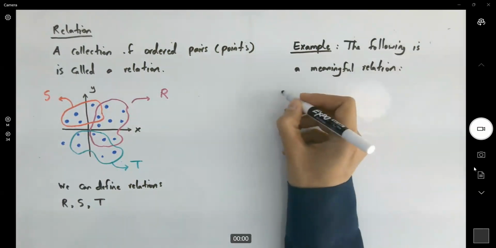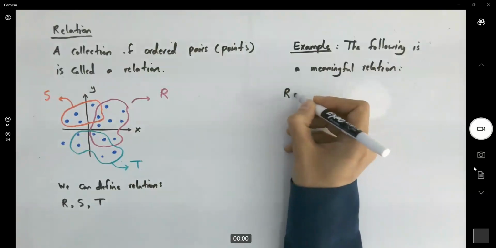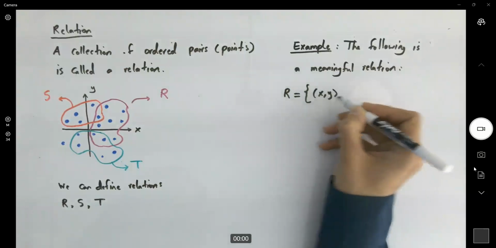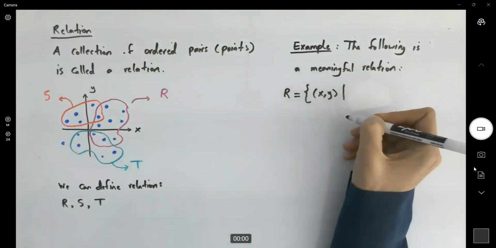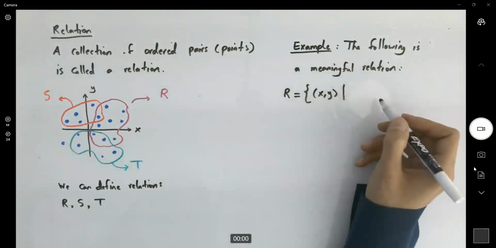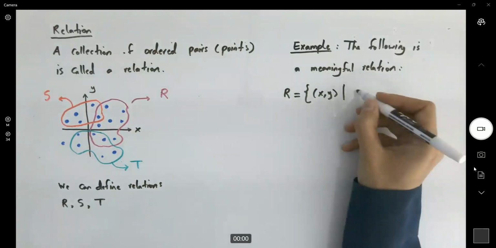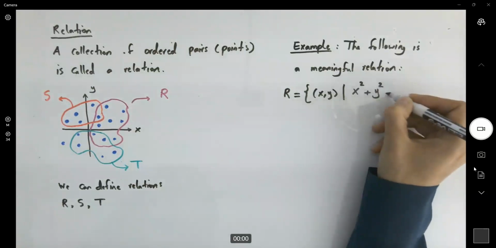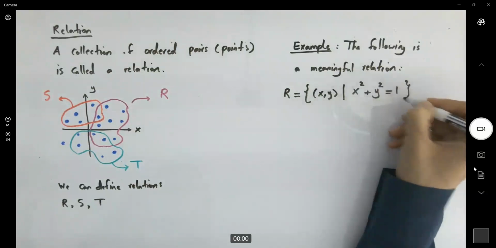I'm going to say that relation, for example, R is equal to the set of points X and Y such that they satisfy the following condition: X squared plus Y squared is 1.